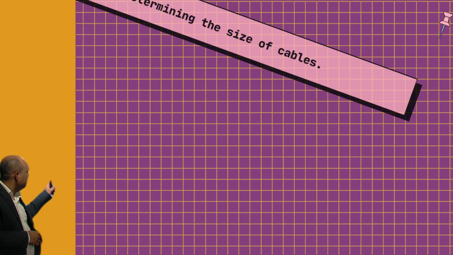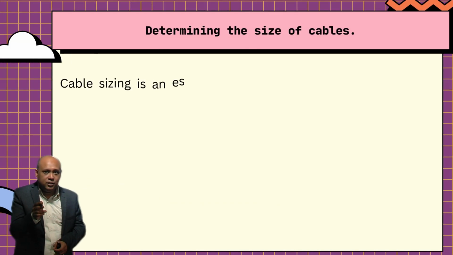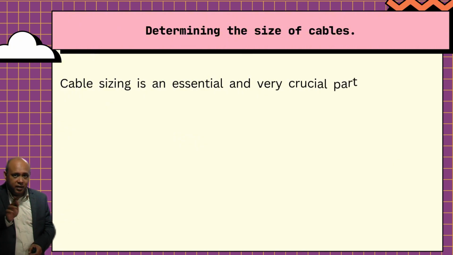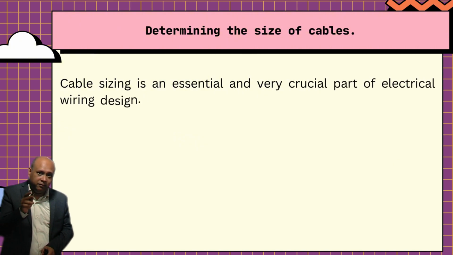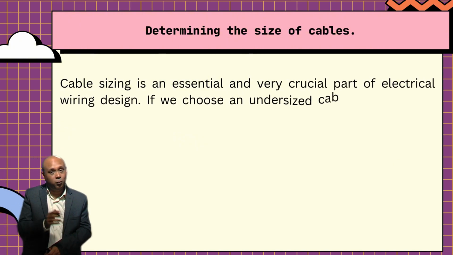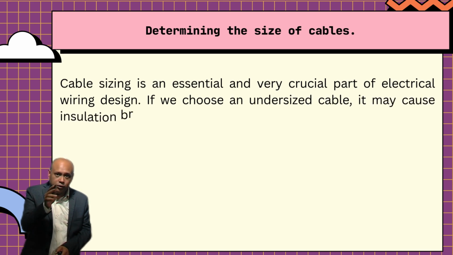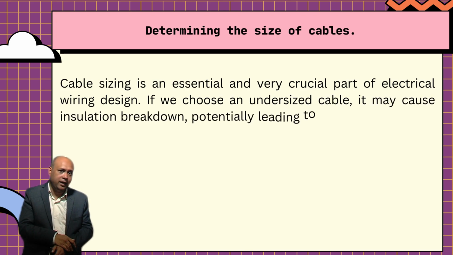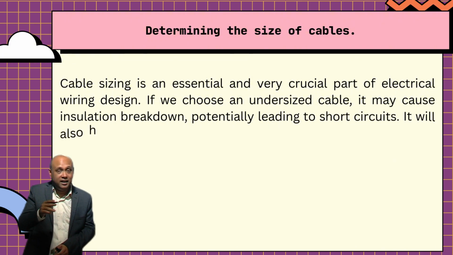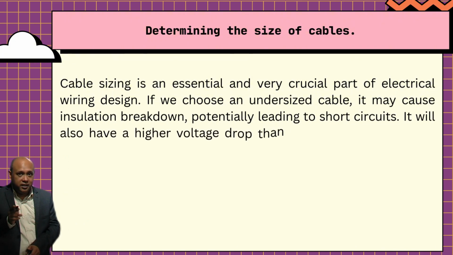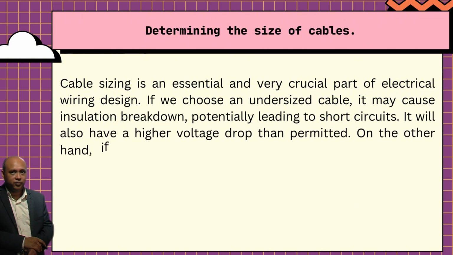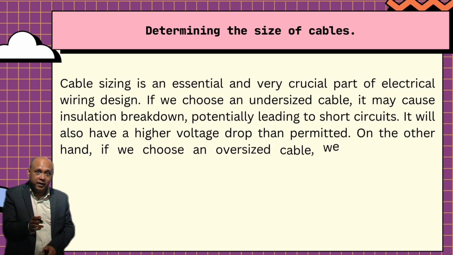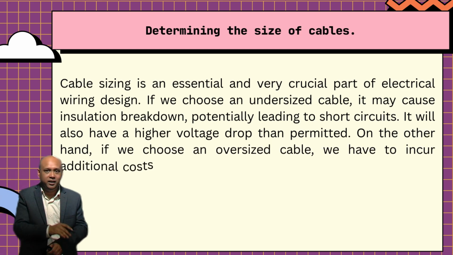Next step is determining the size of the cables. Cable sizing is an essential and very critical part of electrical wiring design. If we choose an undersized cable, it may cause insulation breakdown, potentially leading to short circuits. It will also have a higher voltage drop than permitted.